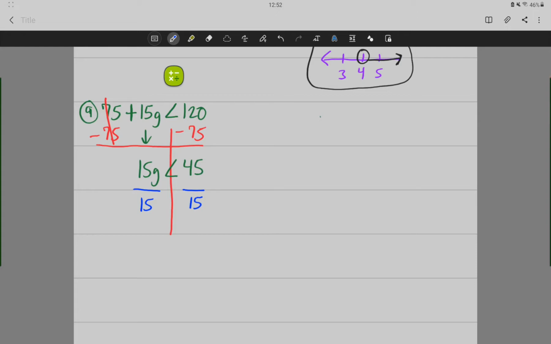In this case it is 15. 15 divided by itself is 1, so cancel that out. Bring down our variable G and our inequality symbol less than, and 45 divided by 15 is 3. So our inequality here is G is less than 3. So he can afford to pay for 3 extra gigabytes each month to stay within his budget.